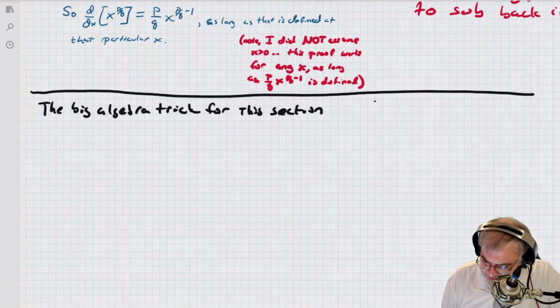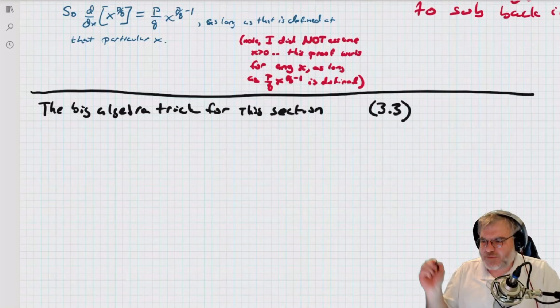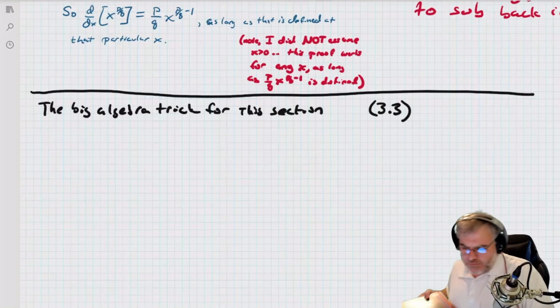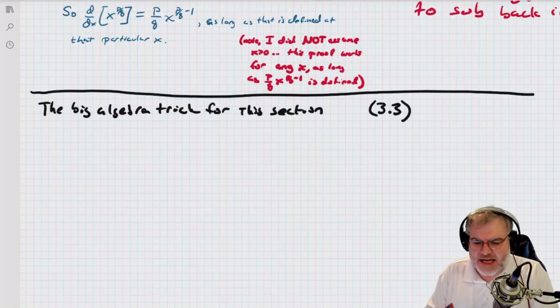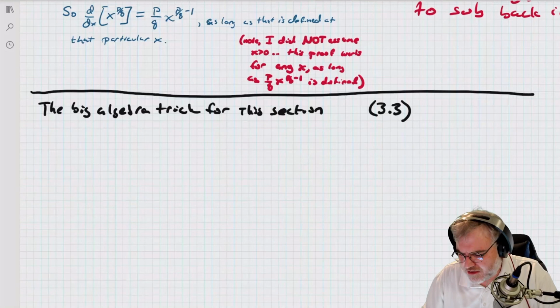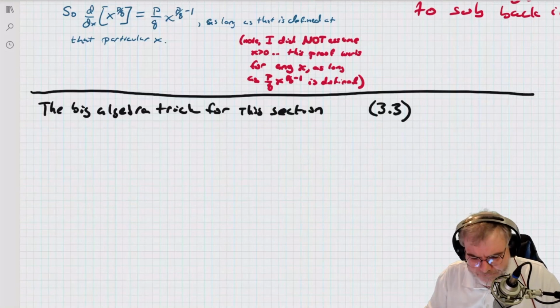By the way, this is section 3.3 in your textbook if you're following along in the book. We skipped sections on linearization, and so if you're following along in the textbook, you'll wonder what happened. We did 2.6.